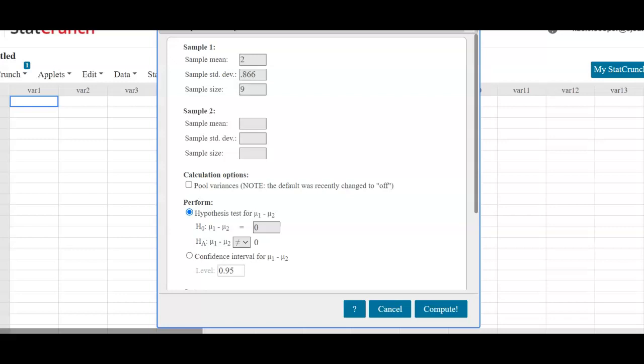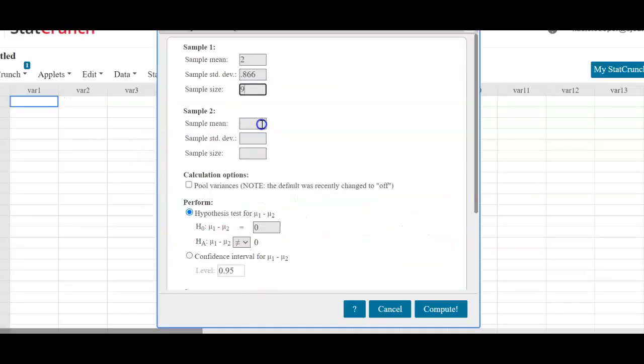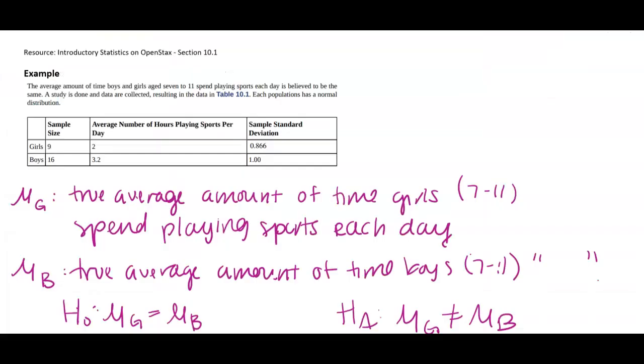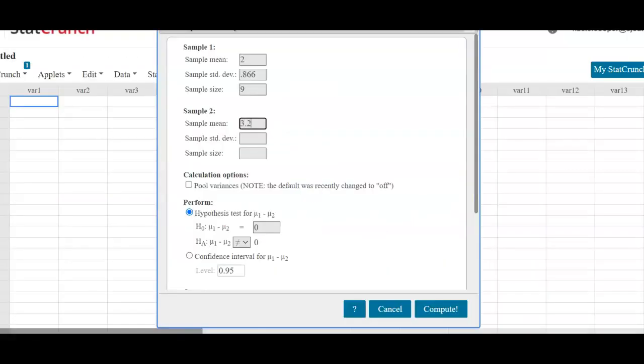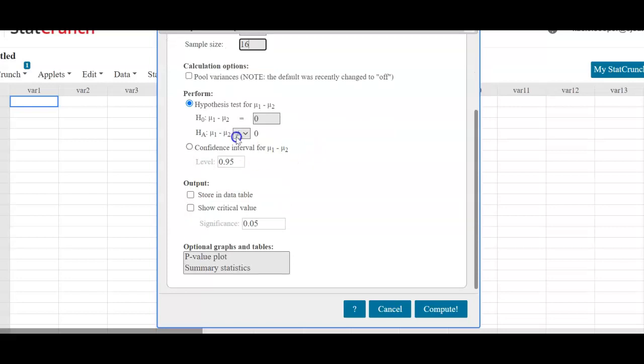Okay, and then for boys, 3.2. Is that correct? 3.2, I remember. Okay, 3.2. Standard deviation of 1, and there were 16 of them. All of this looks good. Don't worry about pooling, that's a higher level thing, so just leave that off.